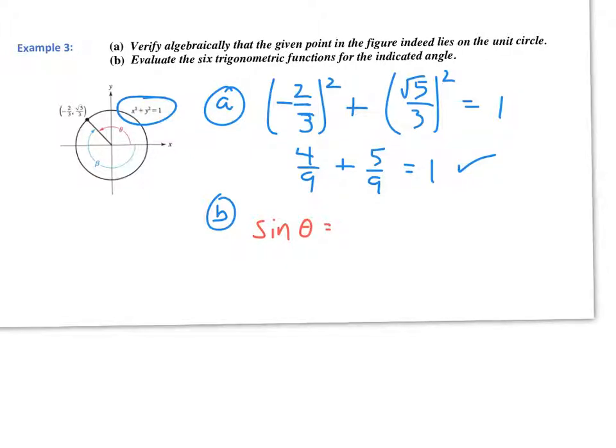Why is it root 5 over 3? Because that's the y value. Excellent. Cosine of theta is equal to negative 2 over 3, and why is that? Love it. Now we get to the tricky question, tangent of theta.